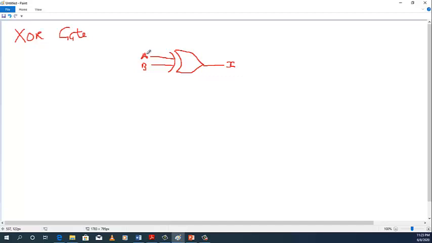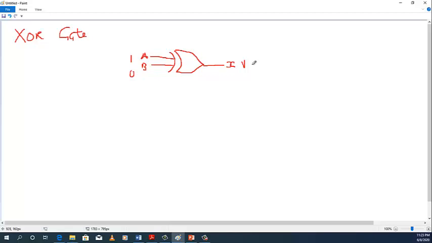However, in an XOR gate, if both inputs are high voltage, the output will be low voltage. So this means that X will always be 1 if A and B are different. If it is a 0 and a 1, then the output will be a 1. So this is the XOR gate.